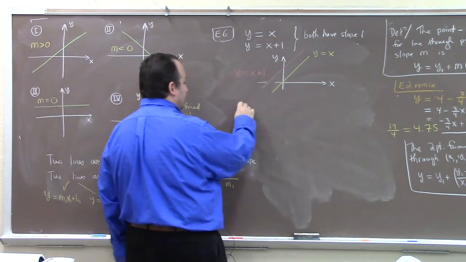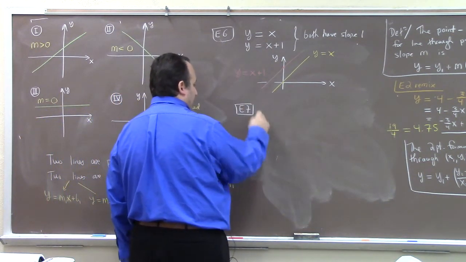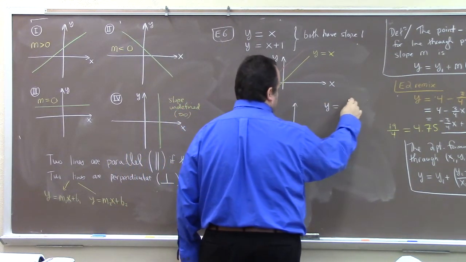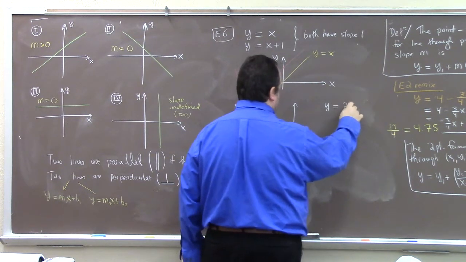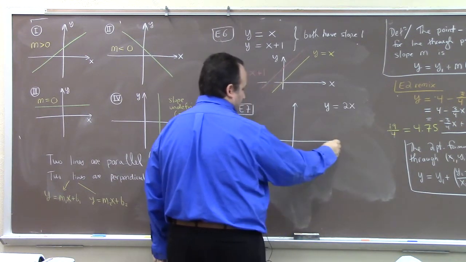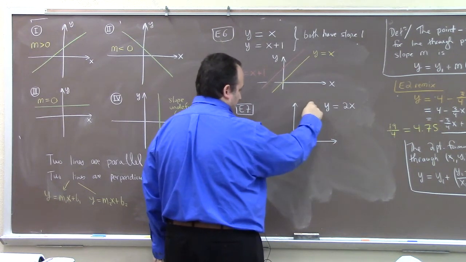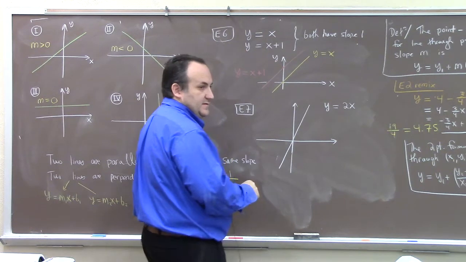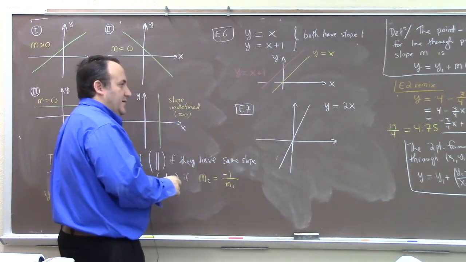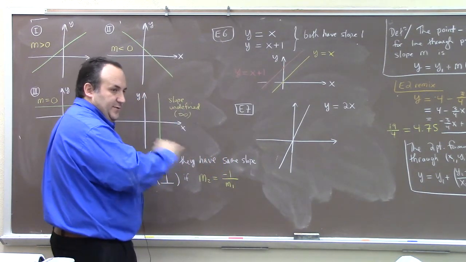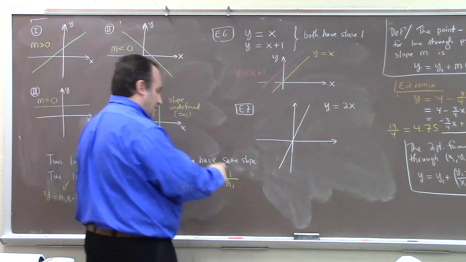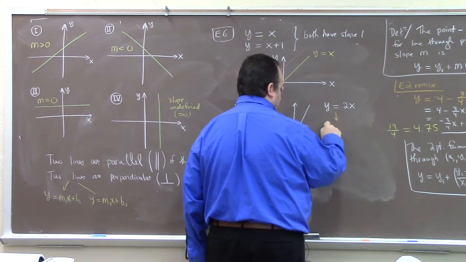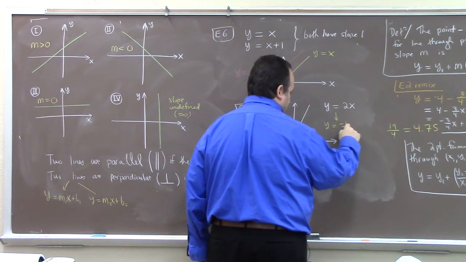Perpendicular, on the other hand, so I could have, say, y is equal to 2x, right? That is going through the origin, has slope 2, so it's something like this. That's y equals 2x. If I want a line through the origin which is perpendicular to that, the perpendicular line through the origin is y equals minus 1/2 x.